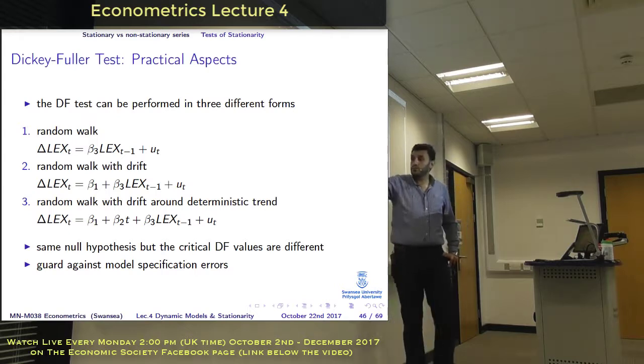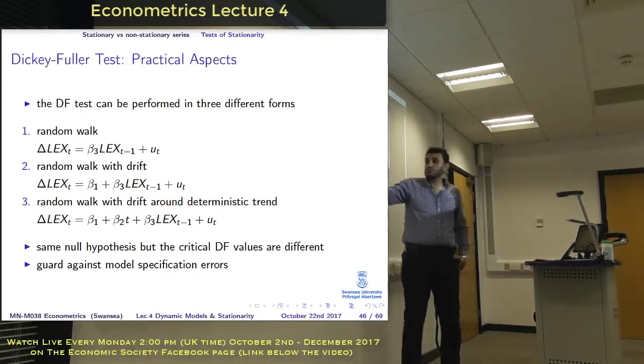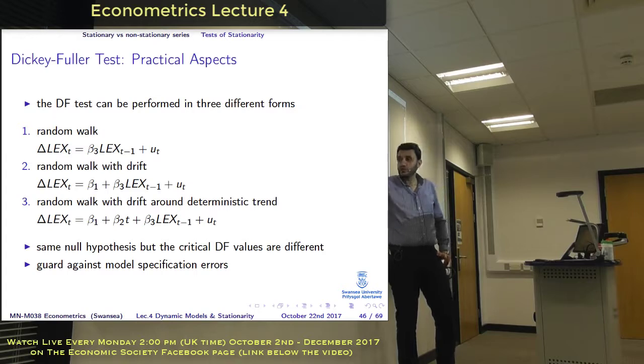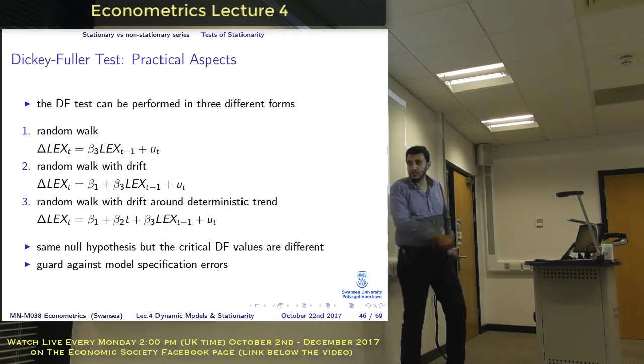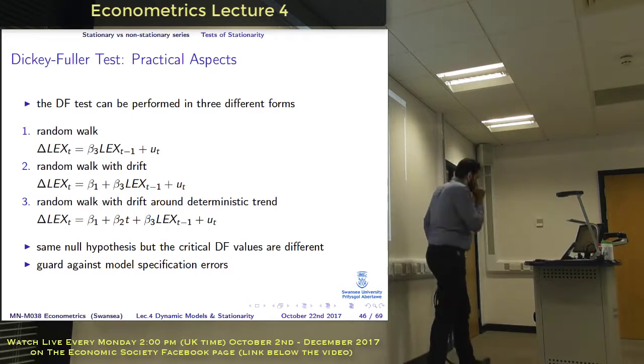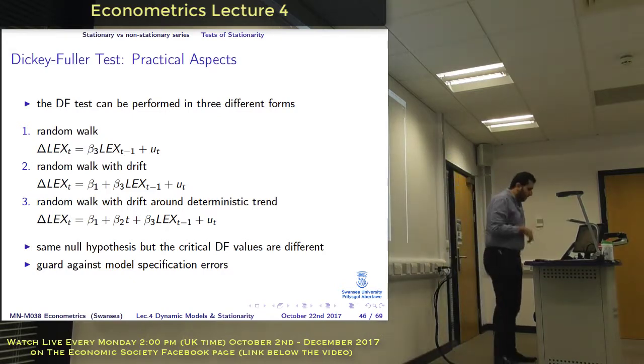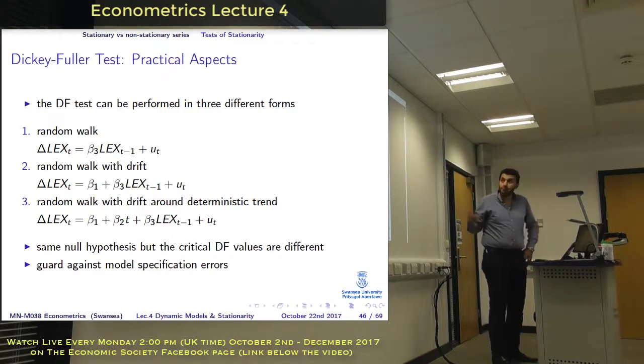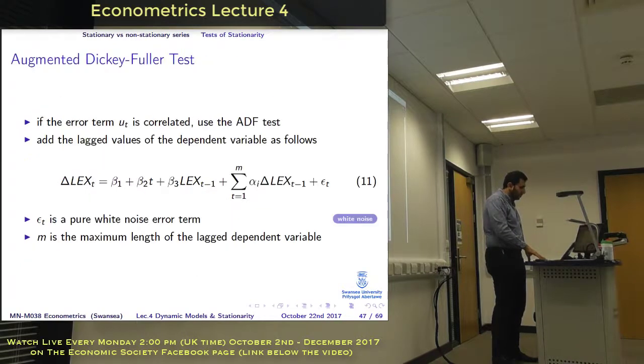And the third one, random walk with drift around deterministic trend, where you have both. You have constant beta 1 and you have t as well, the time trend, and they have the same null hypothesis. And again, you need to look at the critical values that are provided by Dickey and Fuller.